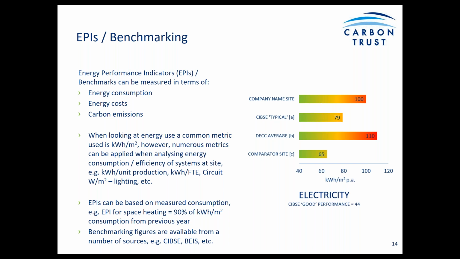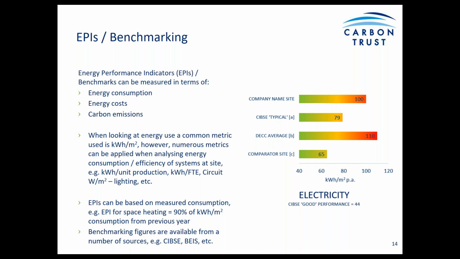And when looking at energy use, normally the most common metric used is kilowatt hours per meter squared. However, numerous metrics can be applied when analysing energy consumption and looking at the efficiency of systems on site. For example, on the slide here, we've suggested this could be kilowatt hours per unit production, or kilowatt hours per full-time employee.